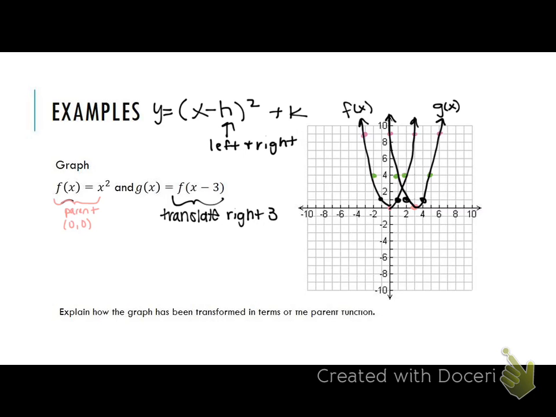All right. So the next thing here is we need to talk about what this equation would look like. Where is my vertex on my g of x function? Where is my vertex? If we were to take this and plug it into x minus h squared plus k, we know that h is 3 and k is 0.